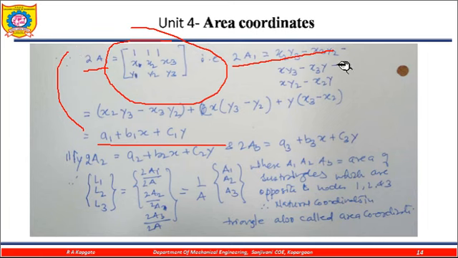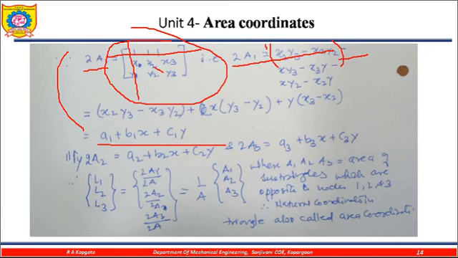Now how is it solved? This is the cofactor method. If I am considering this is the 1, so 1 is written here, multiplied by the minor of this one. So if this is the process, then x2 y3, minus x3 y2.